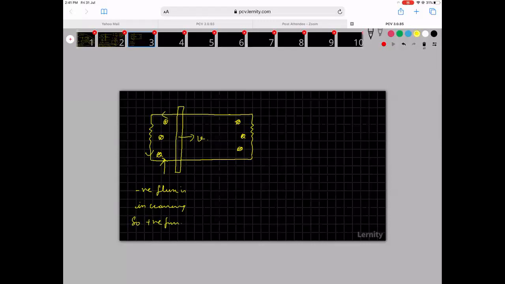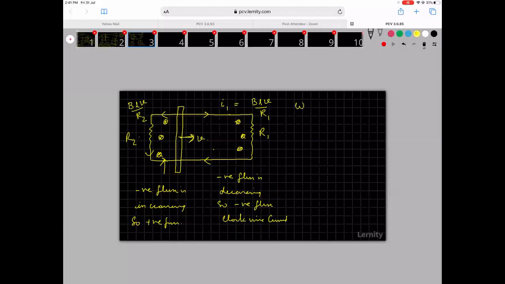Here on this side, negative flux is decreasing. So negative flux, clockwise current. This is R1, this is R2. So this moves in this direction. So this current here will be I1, which is equal to BLV by R1. This side, the current is equal to BLV by R2.